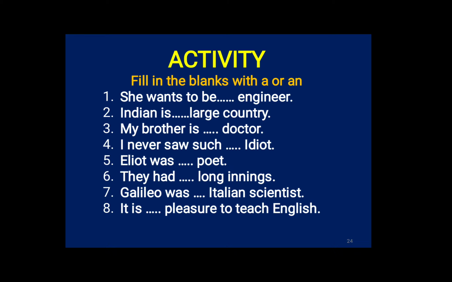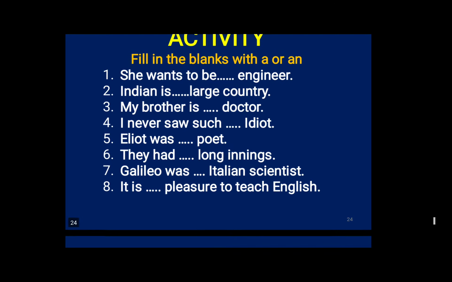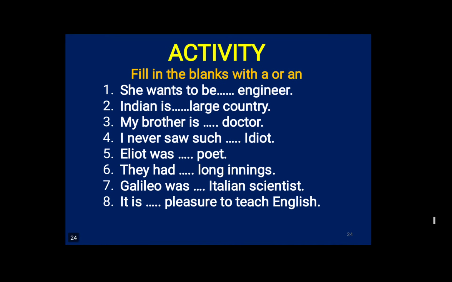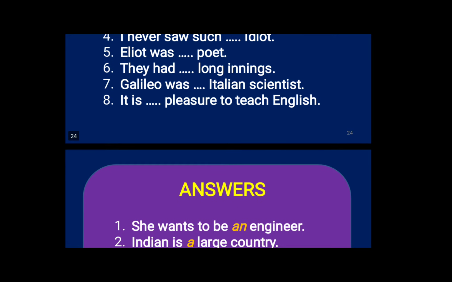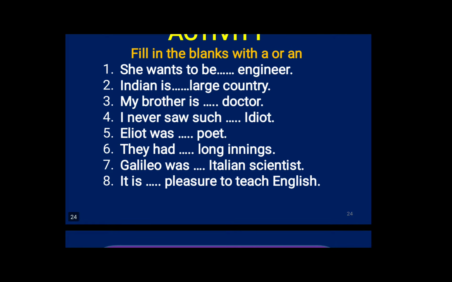In the word engineer, the first alphabet sounds as if it is a vowel, isn't it? Vowel or consonant? So it sounds as a vowel. Now the answer is: she wants to be an engineer. We have to put an.